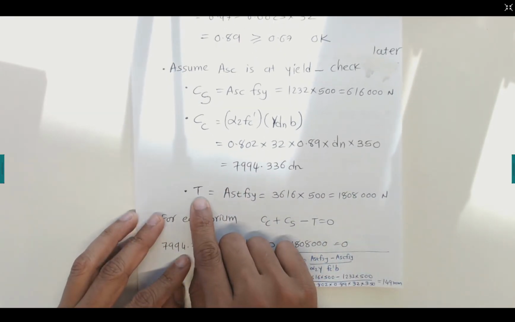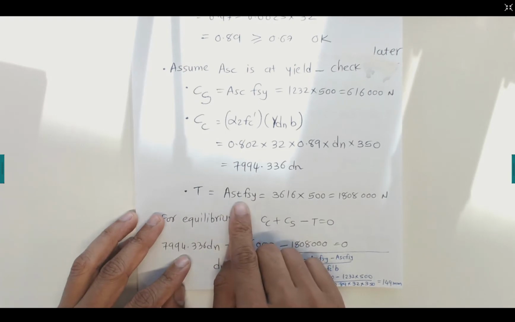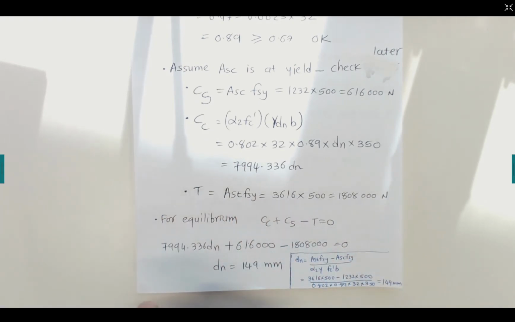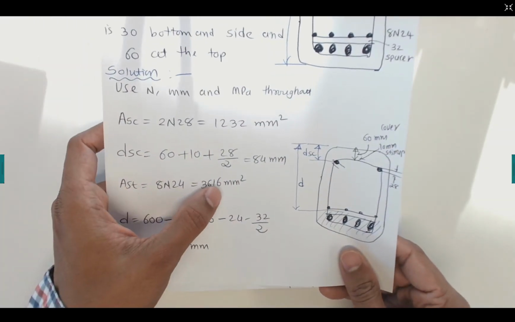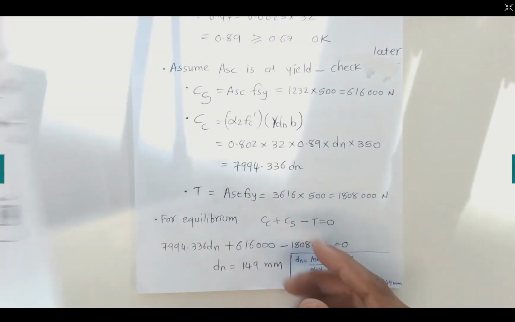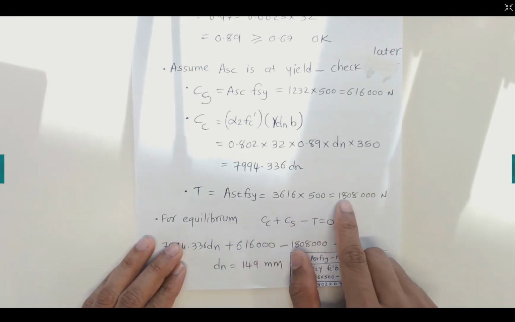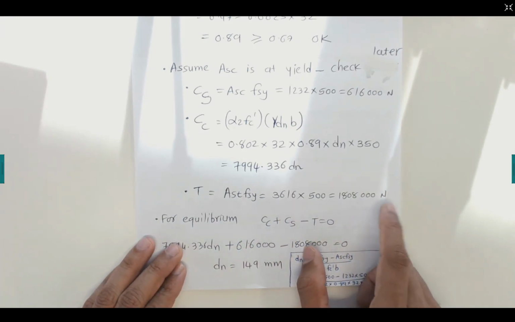Now the tensile force, that is the bottom reinforcement, Ast fsy, area times stress. The bottom reinforcement area is 3616, which we calculated in the previous steps, times 500, giving us 1808 times 10 to the power 3 newtons.